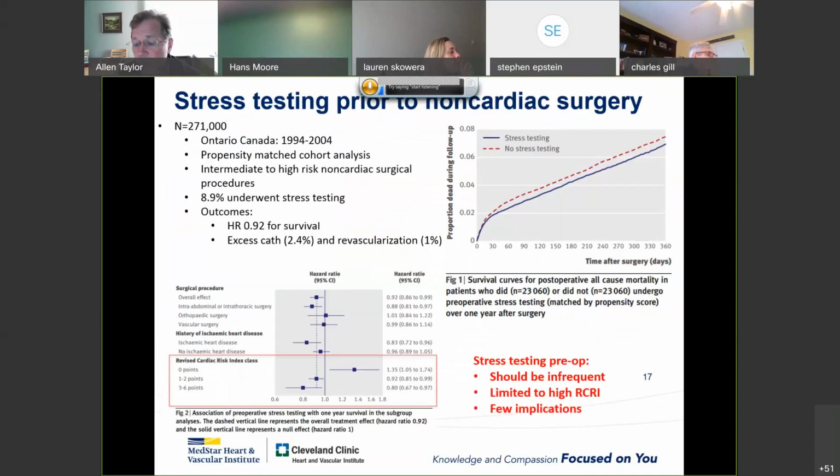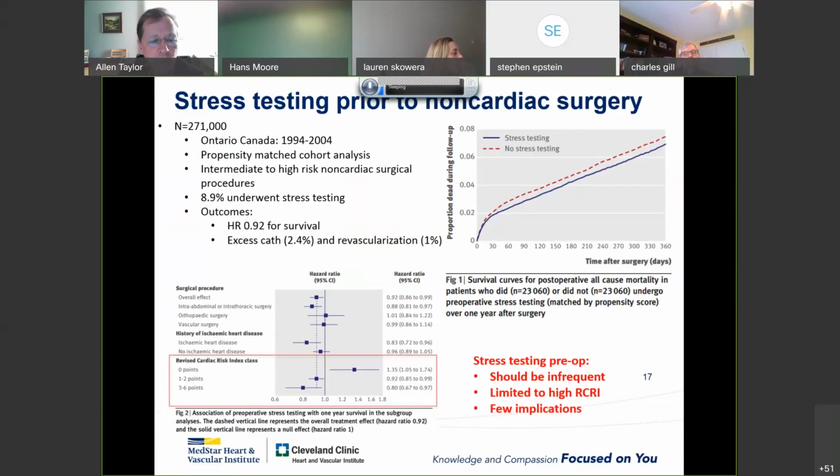Stress testing, just to dive into this a little bit further, just to prove the point, has really been overdone. This is a study from Ontario, where much of this work has come from, in the Canadian health system on preoperative testing. In a 10-year sampling window in a propensity cohort matched analysis, of patients undergoing intermediate or high-risk non-cardiac surgical procedures, about 9% underwent stress testing.